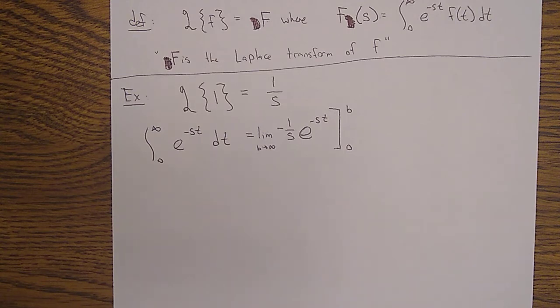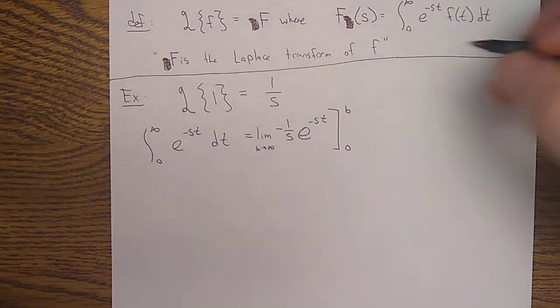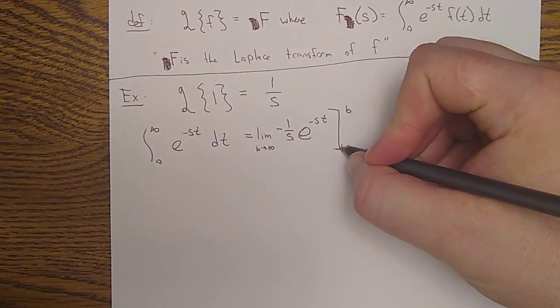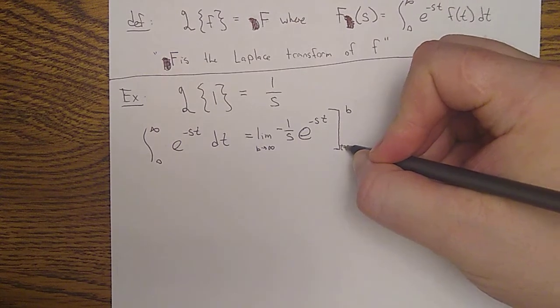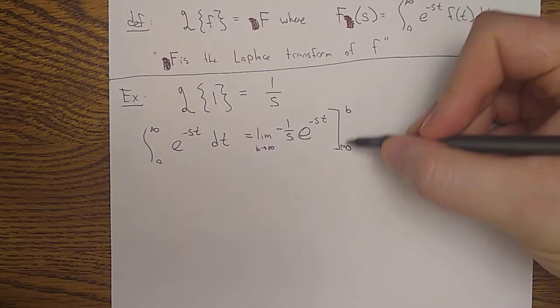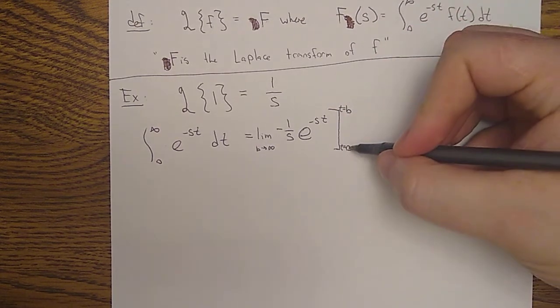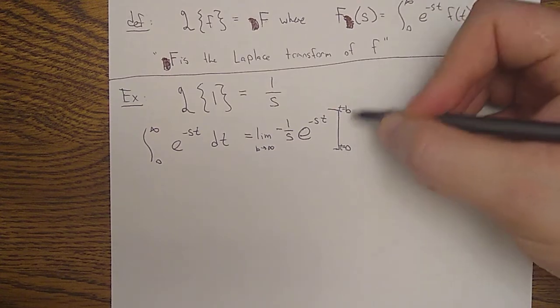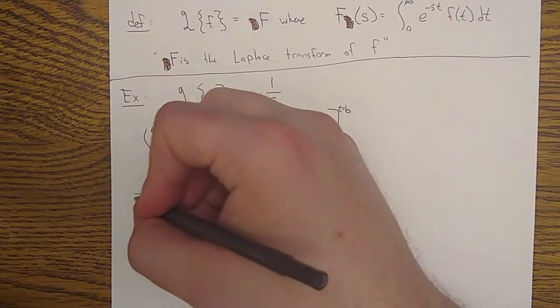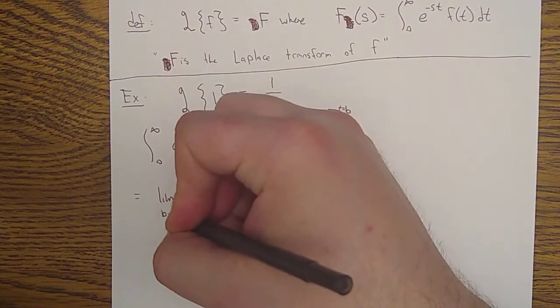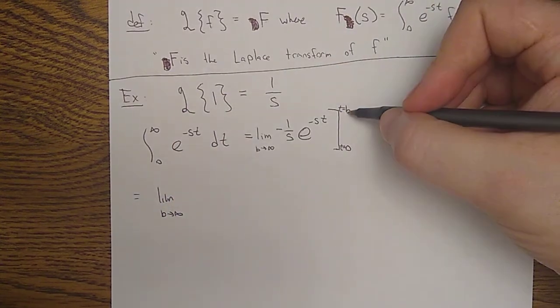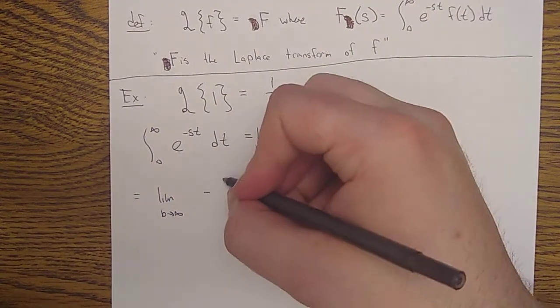And keep in mind, maybe I should emphasize this, this is an integral with respect to t. So these values go in for t now. t goes from 0 to b. So limit as b goes to infinity, I put in b for t.